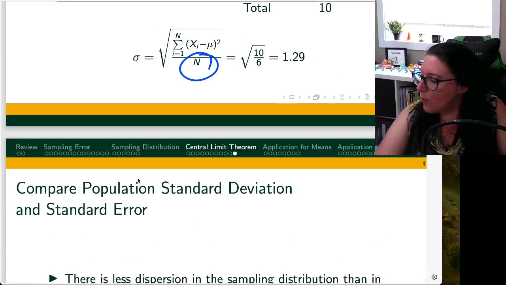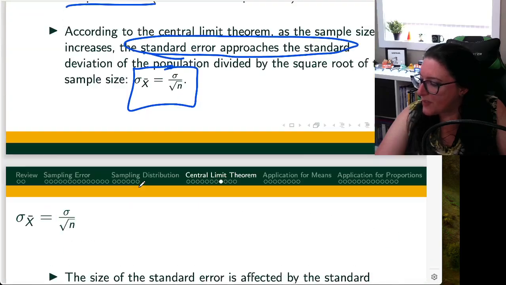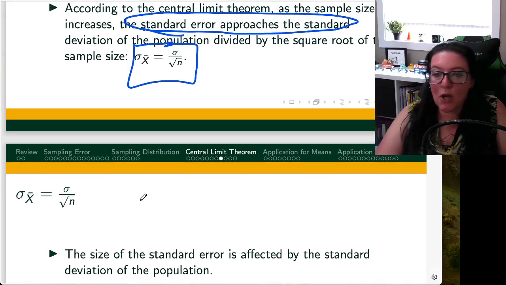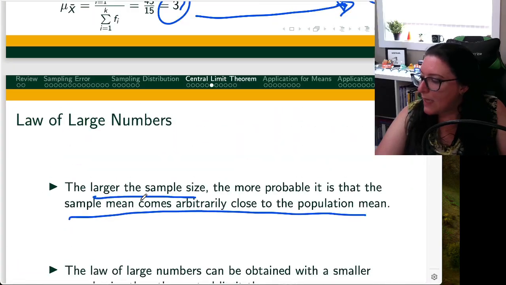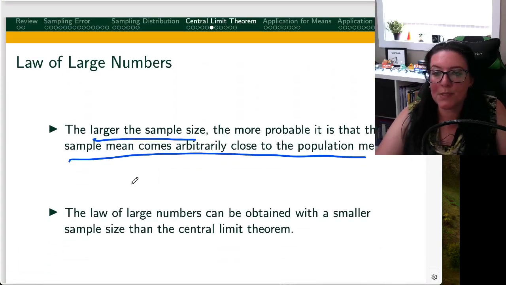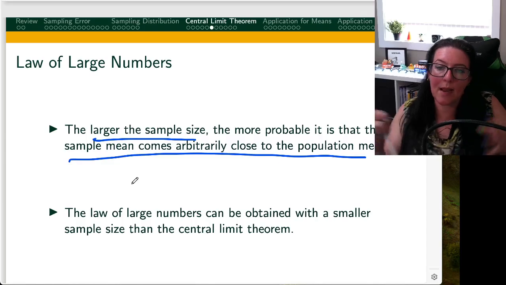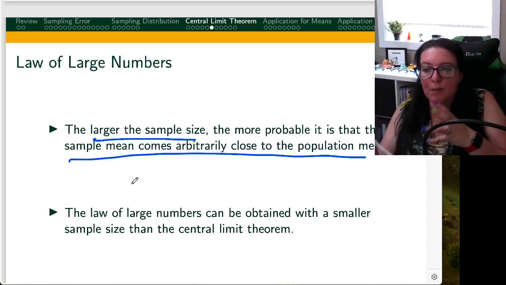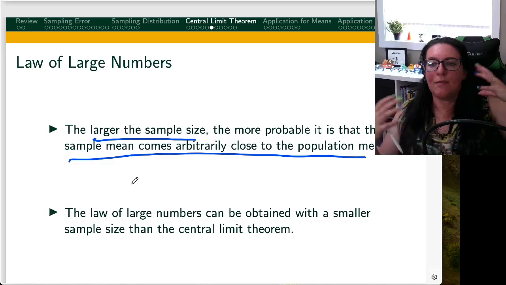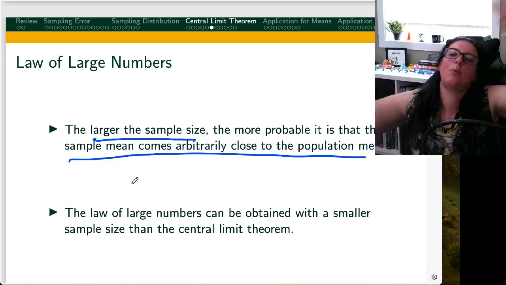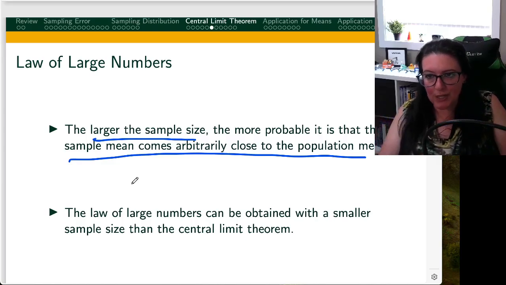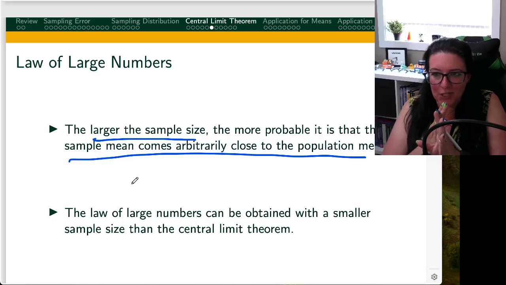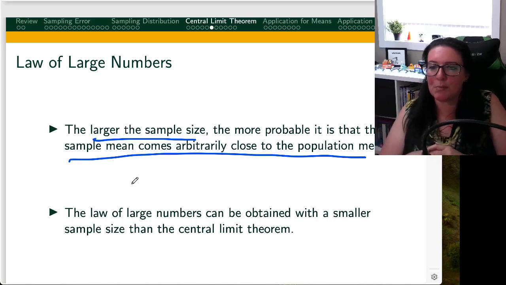All right, so wrapping up this discussion in this video, we have been talking about the central limit theorem and the law of large numbers, and how the larger the sample size, the closer our sample statistic will get to the population mean. And if we don't have super large sample sizes, but we use a sampling distribution, then the average of the averages will get us that population mean.